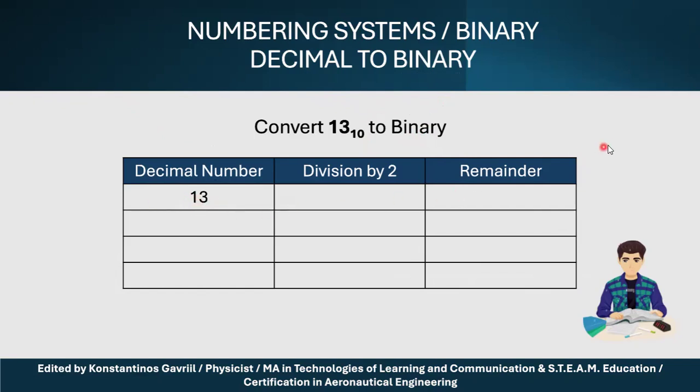We start from 13, we divide by 2, and we have a remainder of 1, because 2 times 6 gives me 12, so until 13 we have a remainder of 1. We continue, we get this 6 and we divide again by 2. We always divide by 2, and we get 3, so the remainder is 0. Now we get 3 and we divide by 2. This means that we have a remainder of 1, because 2 times 1 makes 2, so until we reach 3, we need one more.